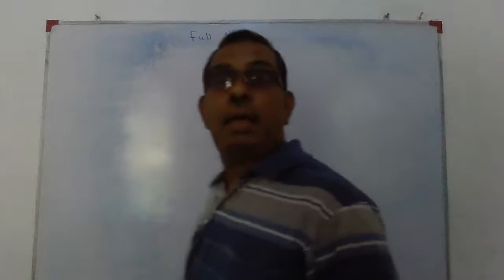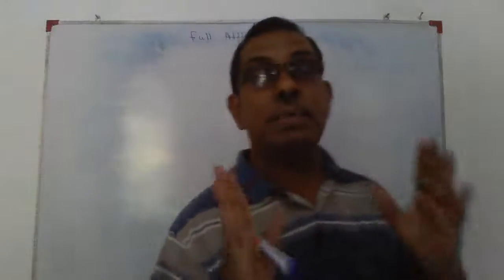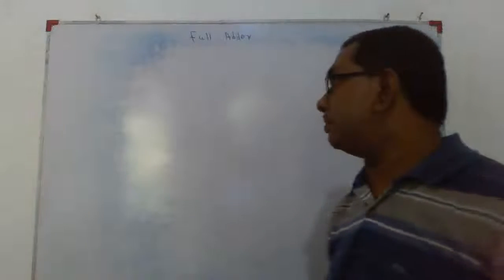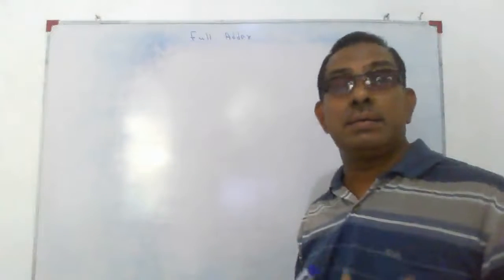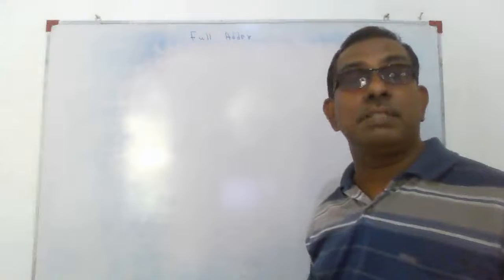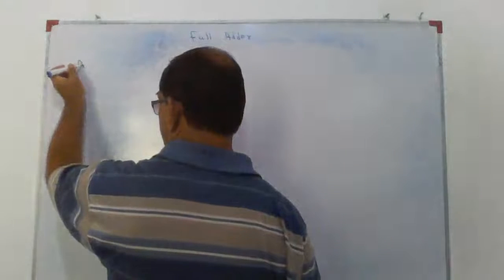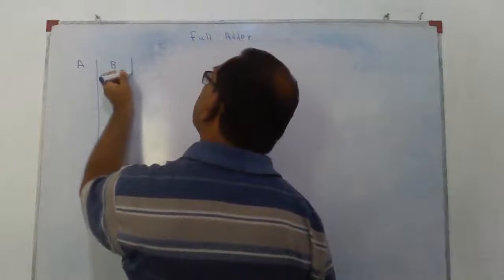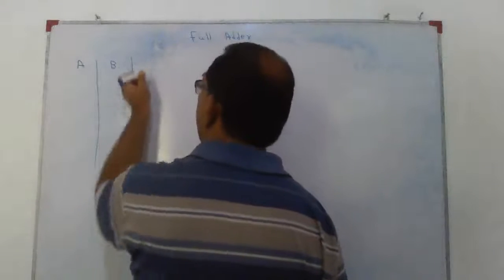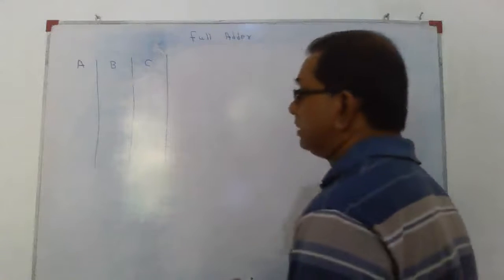Okay. So I'm going to use the entire board for drawing the truth table here, not the circuit. There are 3 bits, so there are 8 possibilities. So I take A here, and then B, and C. We have basic values.